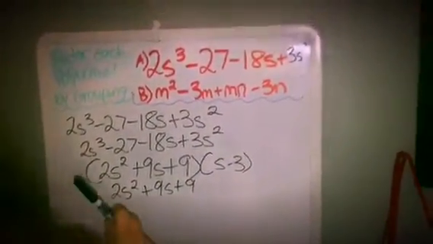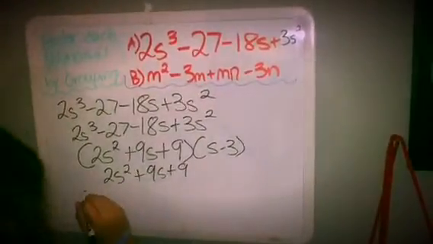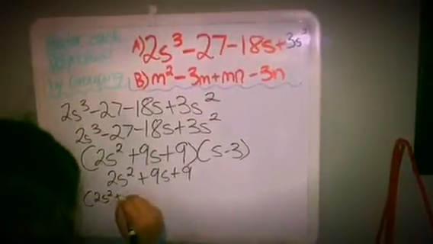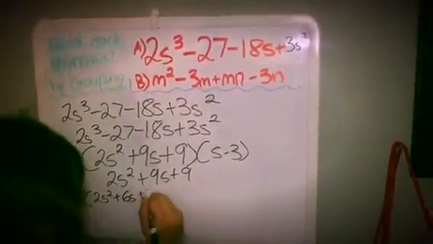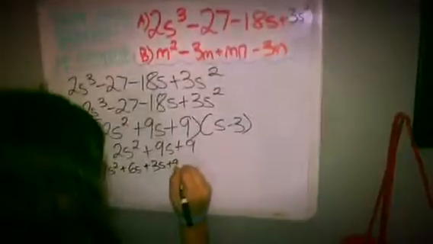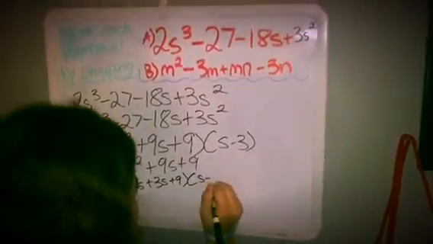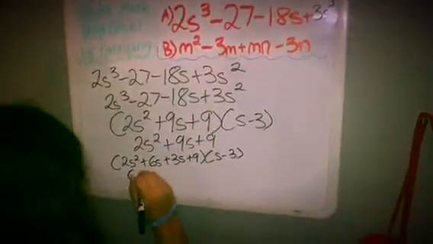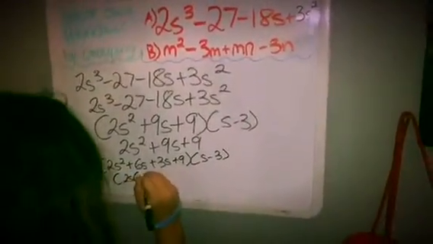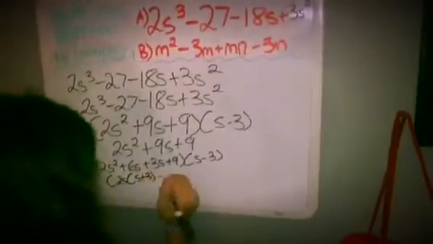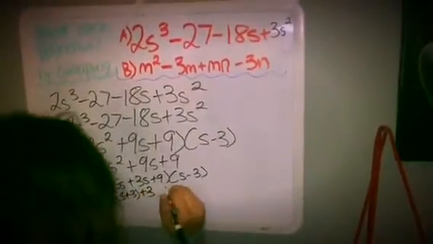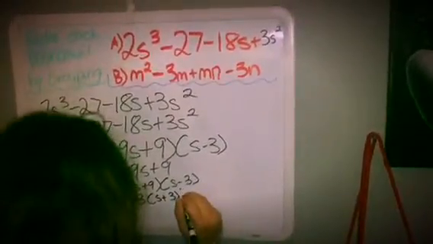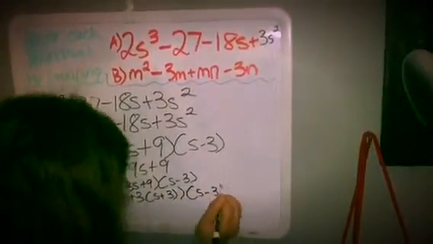Then we split the middle term: parentheses 2s squared plus 6s plus 3s plus 9 parentheses s minus 3. Then we factor again, which is parentheses 2s parentheses s plus 3 parentheses s plus 3 parentheses s minus 3.